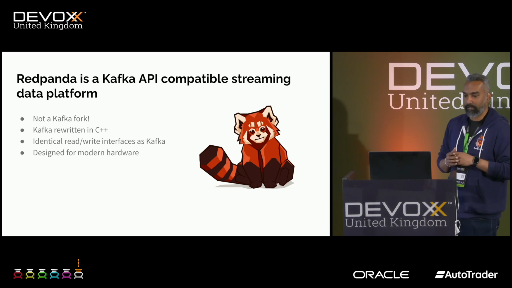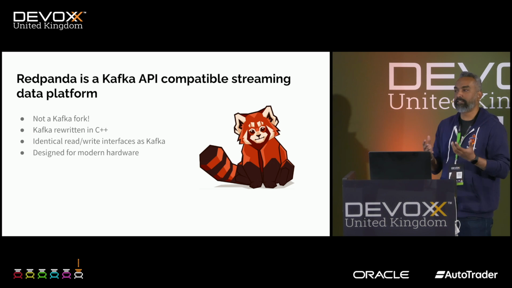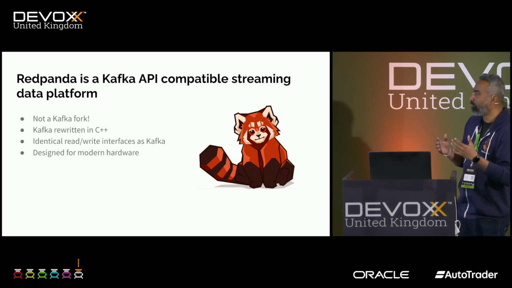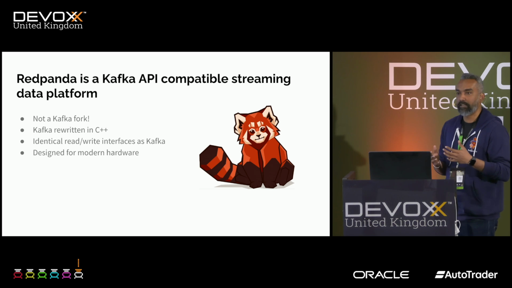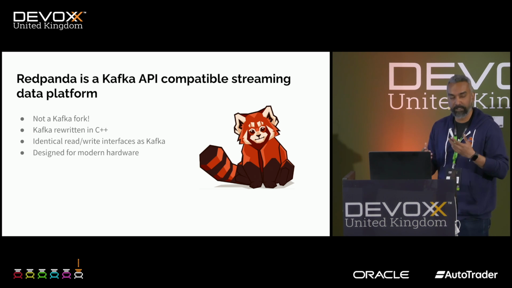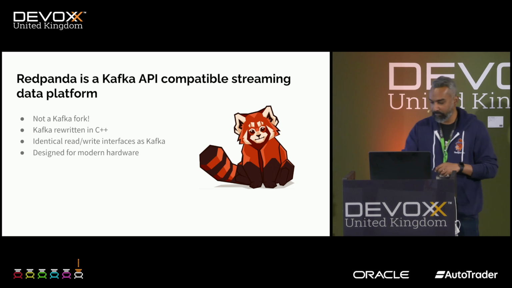For example, Redpanda is not yet another Kafka fork or clone. It's a total rewrite in C++, designed to make the most out of modern hardware, which makes it faster, cheaper, and simpler to operate than Kafka.